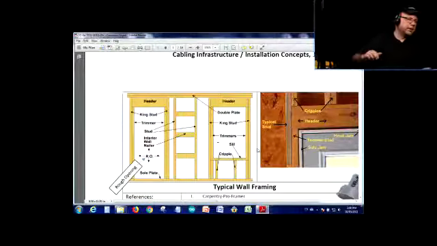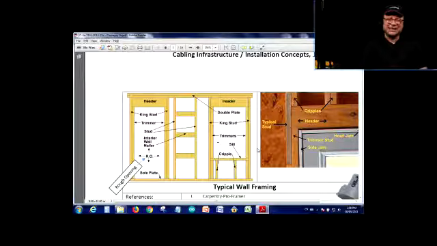Now, this is not a framing course. However, you should know certain things about framing because you are going to deal with it when running wires inside the walls. You should know what to do, and have some concept of what not to do. Did you ever hear the idea of knowing just enough to be dangerous?